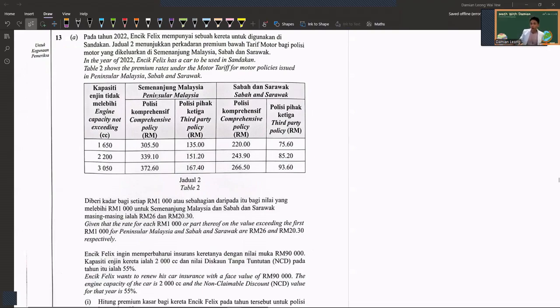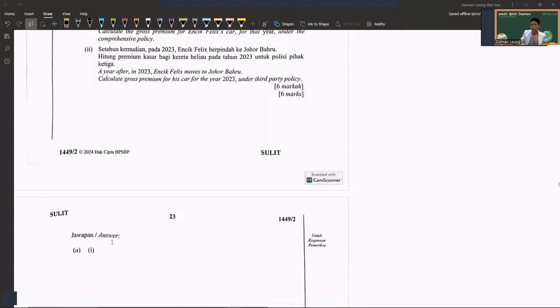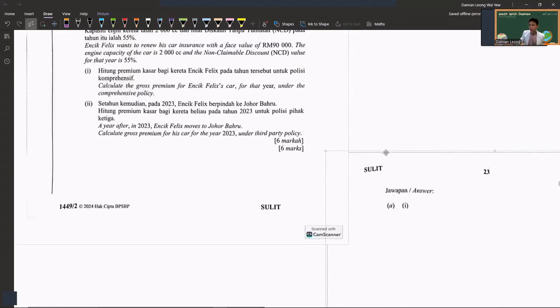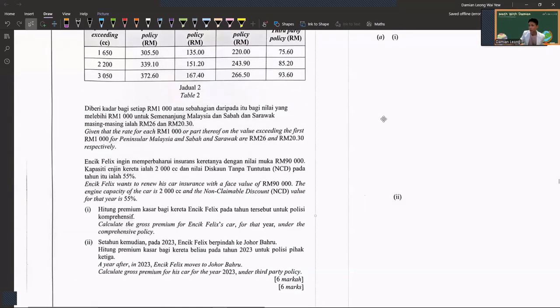Given that the rate for each 1,000 ringgit or part thereof on the value exceeding the first 1,000 ringgit, for Peninsular Malaysia and Sabah Sarawak, is 26 and 20 ringgit 30 cents respectively.